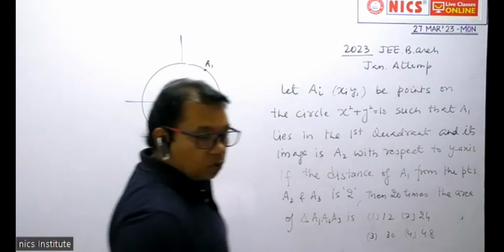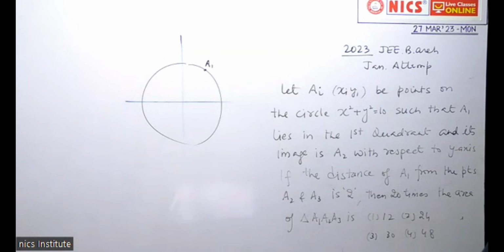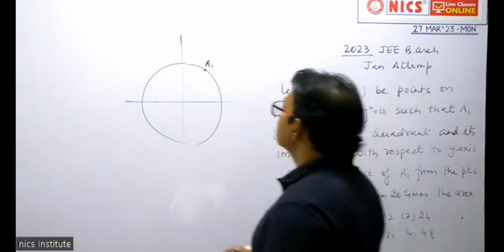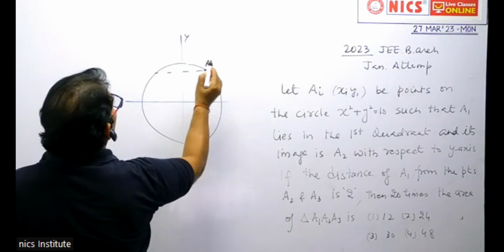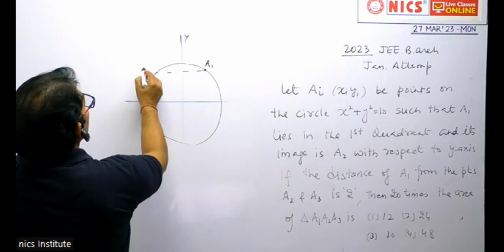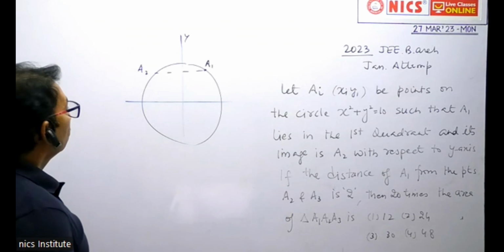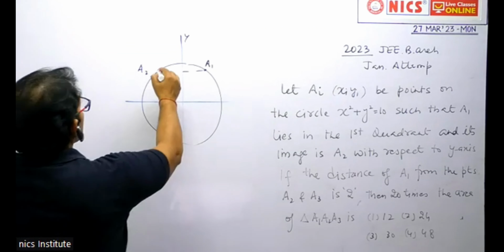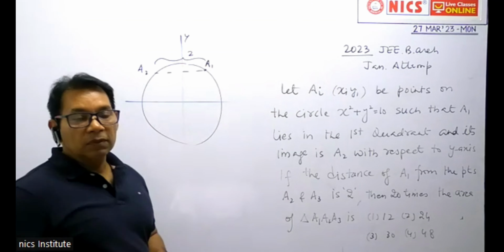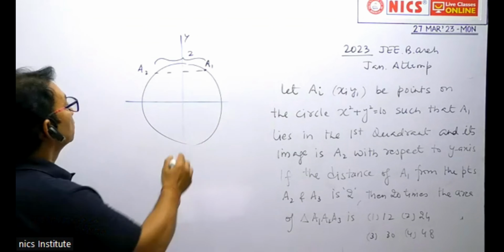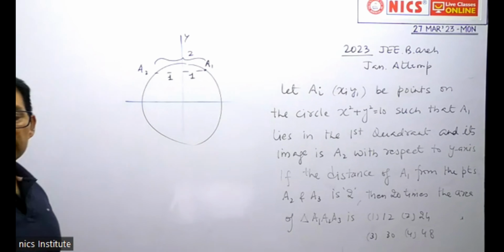It lies in the first quadrant, as you see, and its distance from its image A2 is 2 and it is on the y-axis. When this distance is 2, this would be 1. This will also be 1.